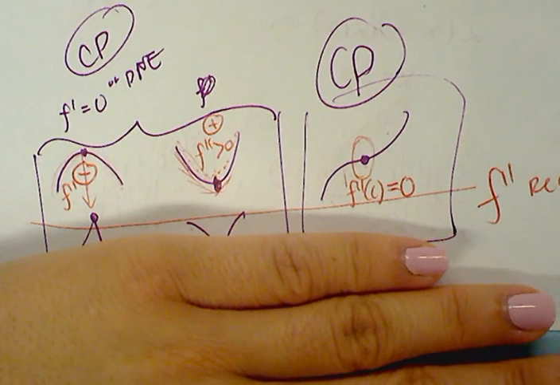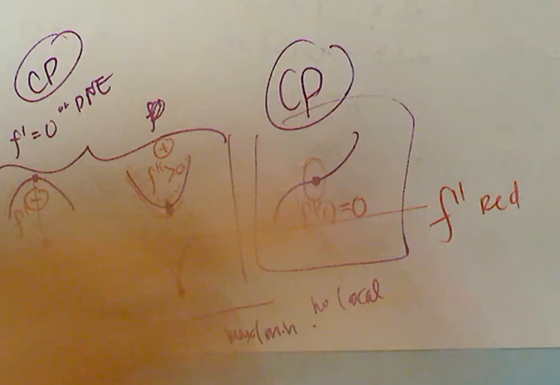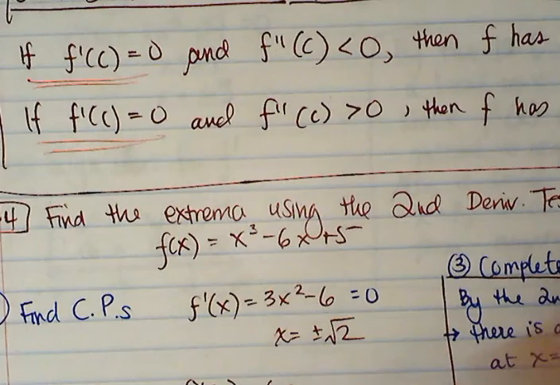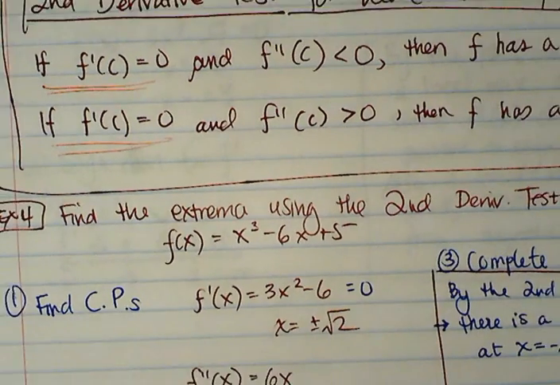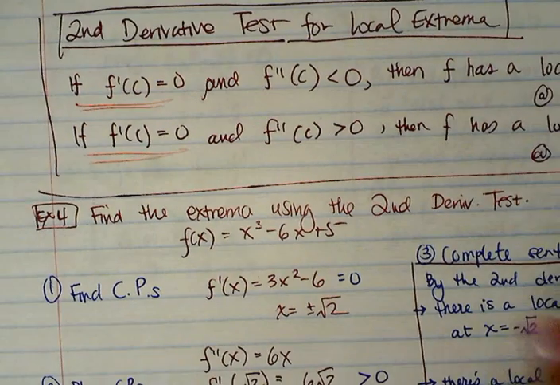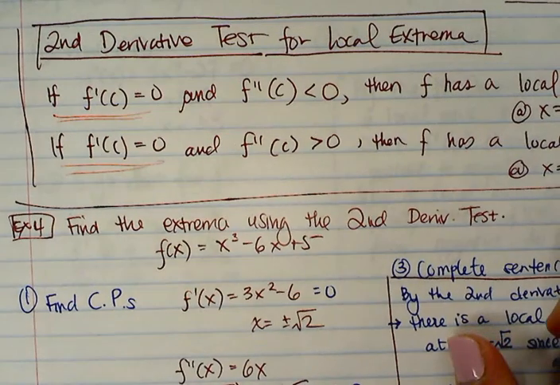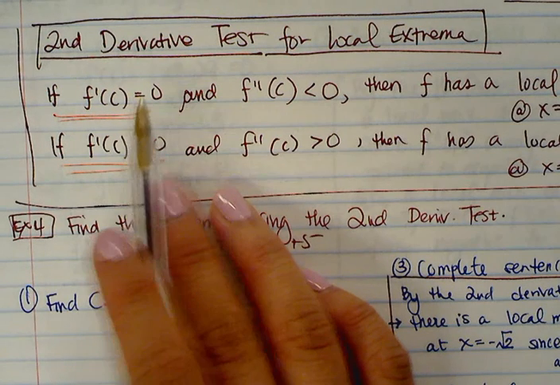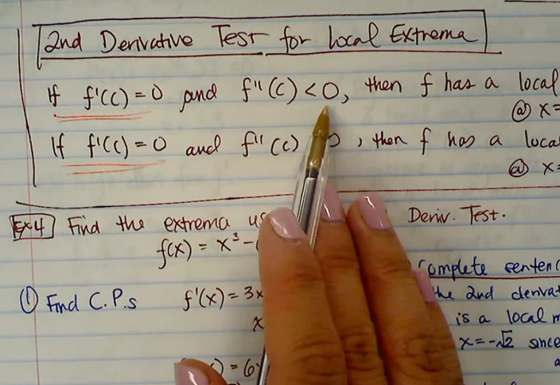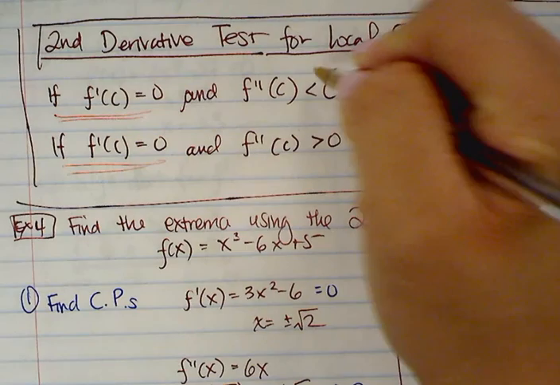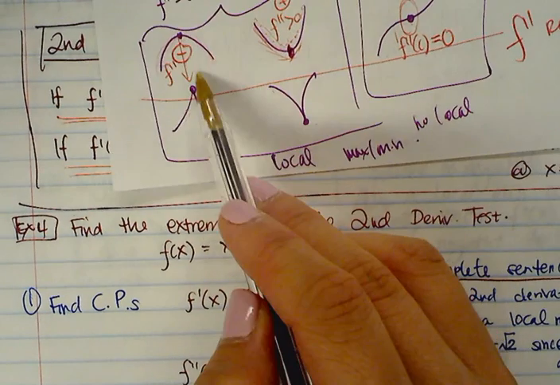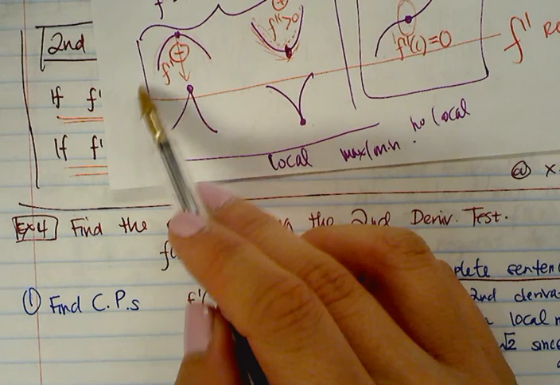Keep going. Okay, so 4.3b? Yes, it's 4.3b. That's why we can use this. If I found out that there's a horizontal tangent here, and the second derivative is negative, then it's going to be a max.